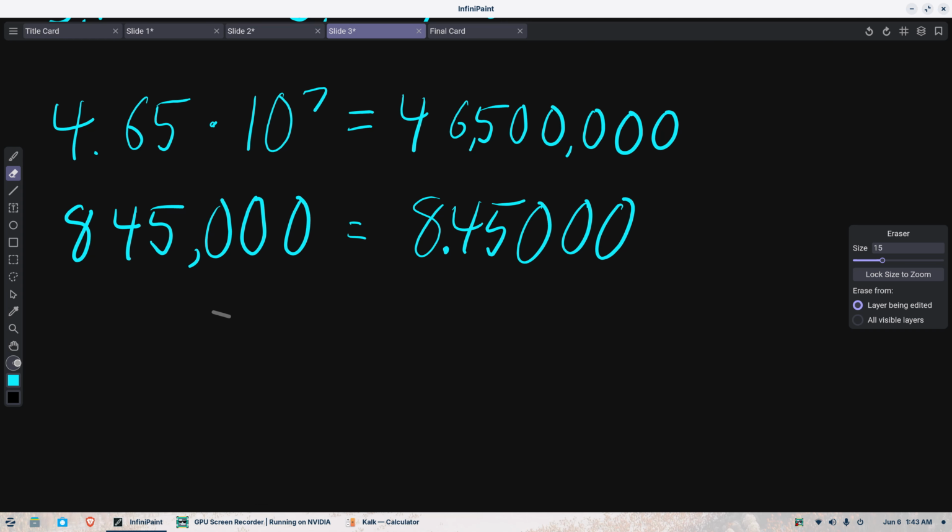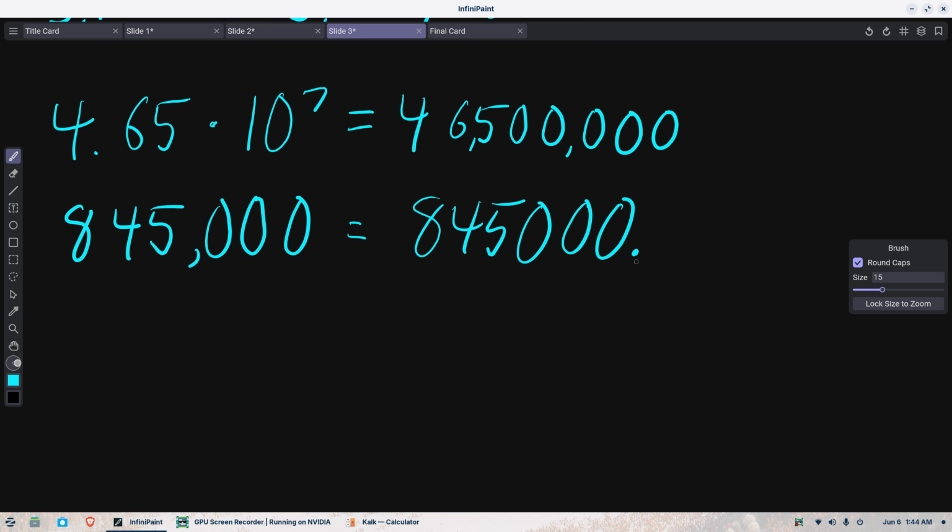Now, as far as converting this to scientific notation goes, we're going to do a similar process. Let's actually just erase the decimal point for a moment. So this was the original number, and this is where the decimal point would be, because we don't really have any decimal values, so it would be at the end here.